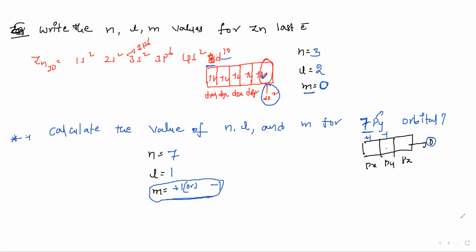Shall I remove this? We are going to discuss one more quantum number, the final one. The last quantum number, the fourth one, is the spin quantum number, which is very easy. Spin quantum number.